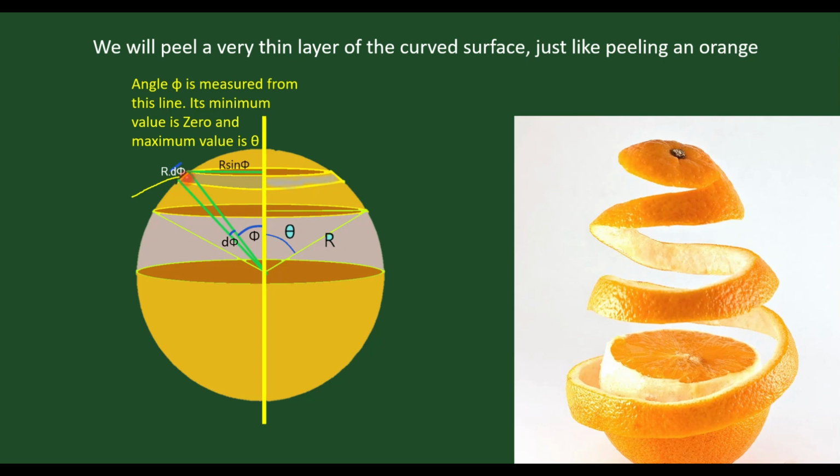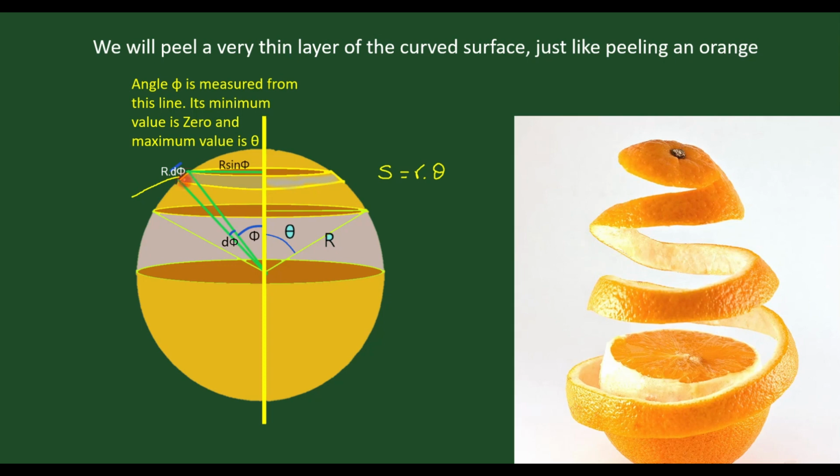We can calculate the width of the belt by using the formula A is equal to r into theta. A is the arc length, r is the radius, and theta is the angle subtended by the arc at the center of the sphere, or center of the arc in this particular case.